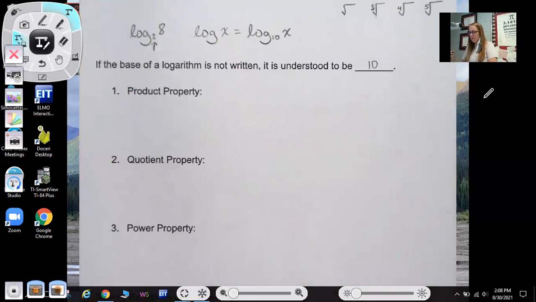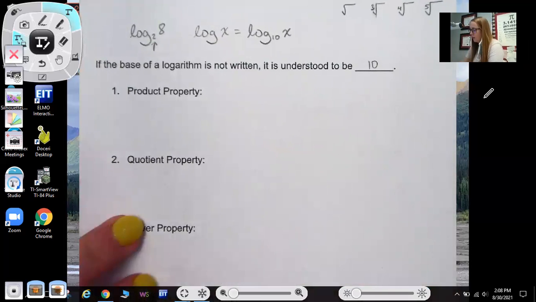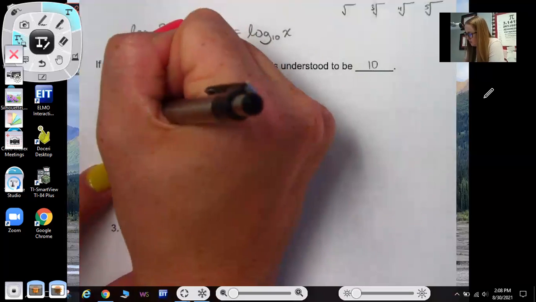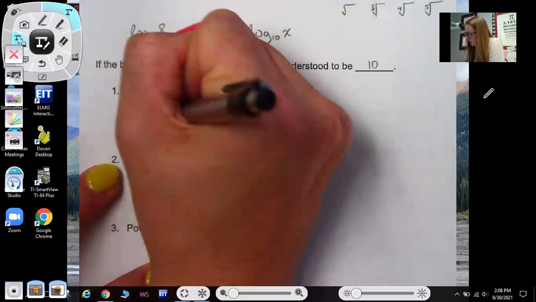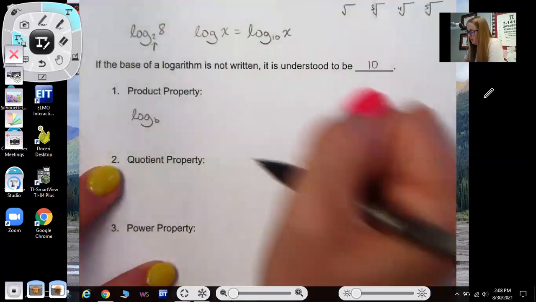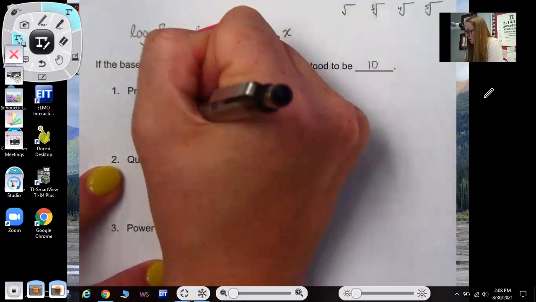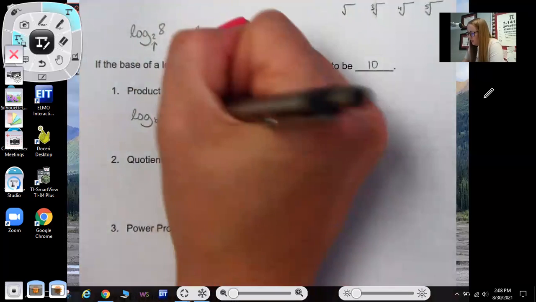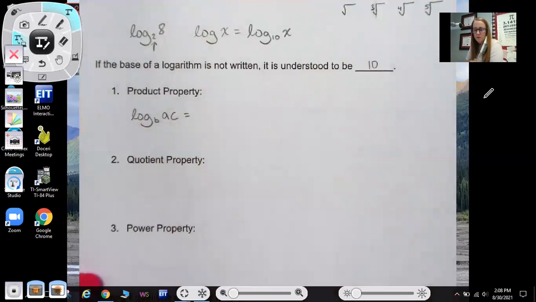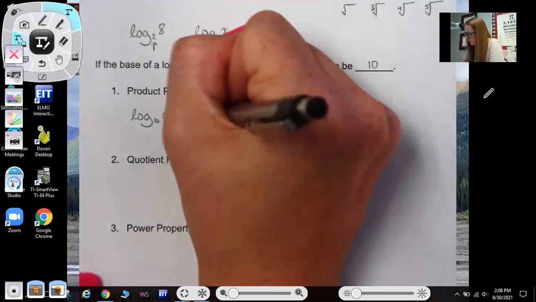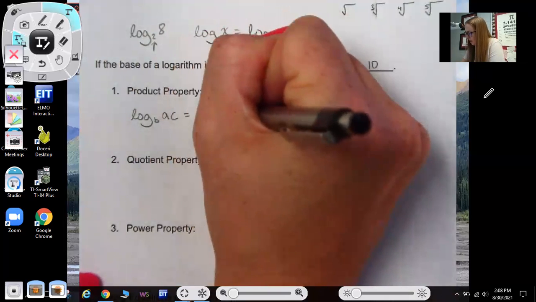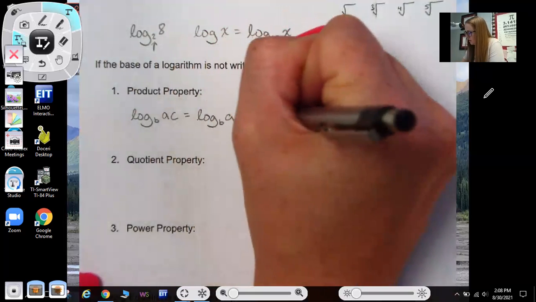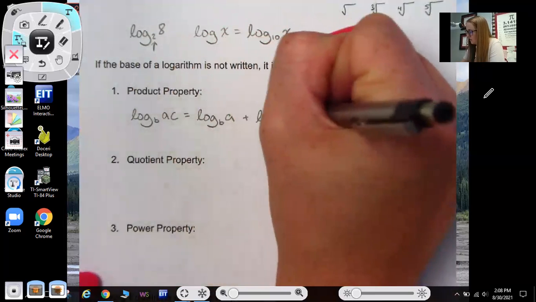Okay, let's look at the product property of logarithms. If you have log base b of a times c, this is equal to log base b of a plus log base b of c.